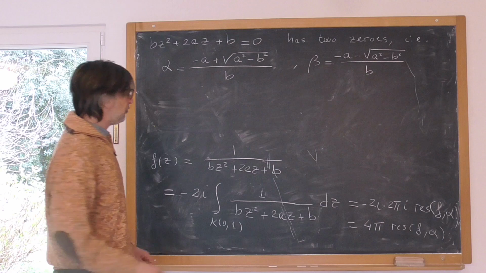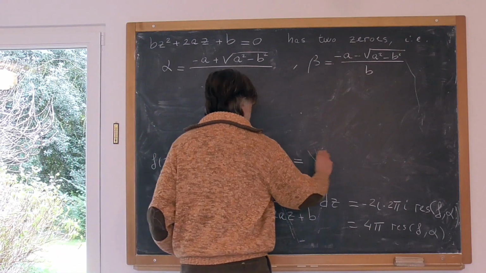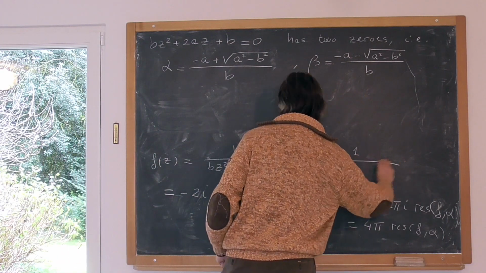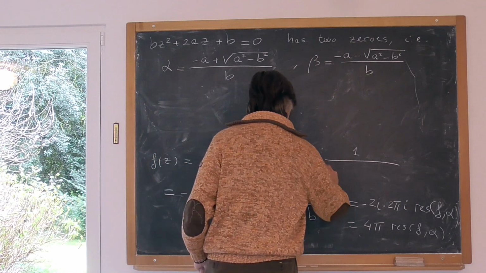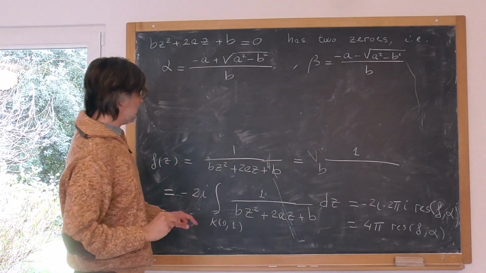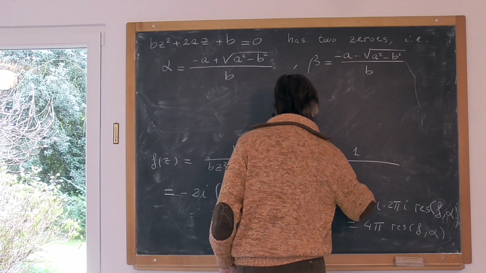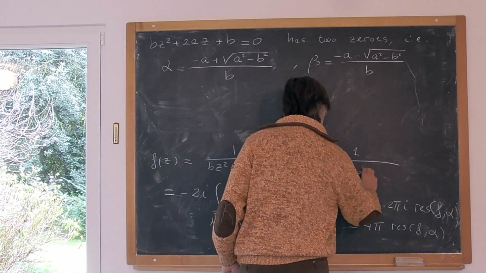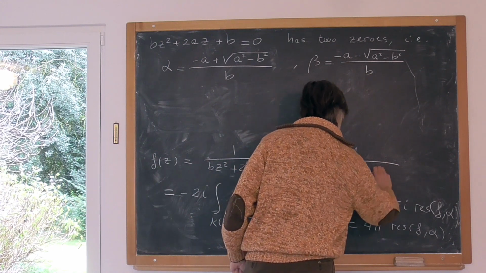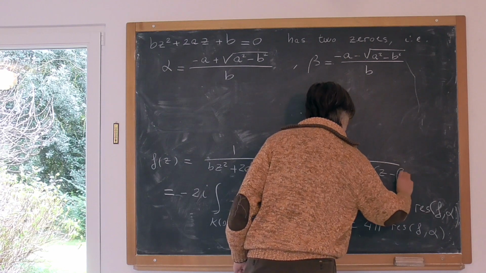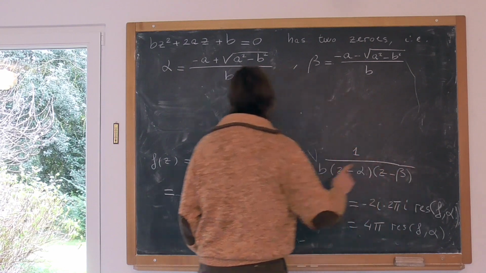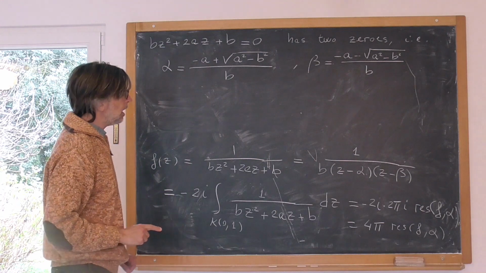So the function f can also be written as 1 over, I can collect b, so this is b times z minus alpha times z minus beta, since alpha and beta are the zeros of this polynomial.